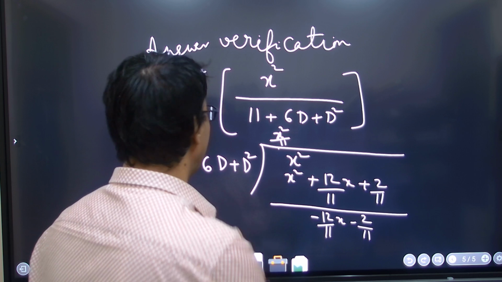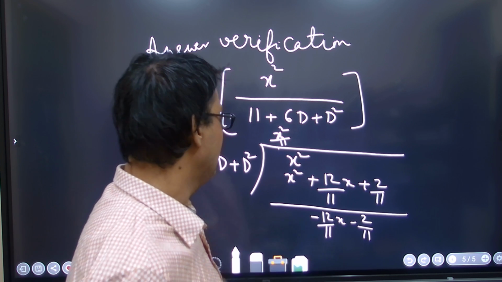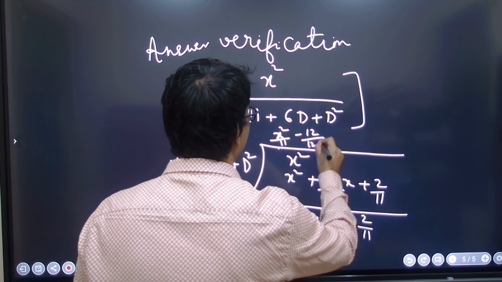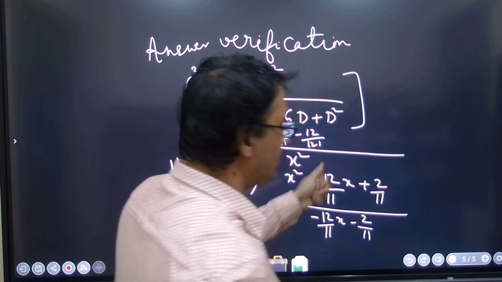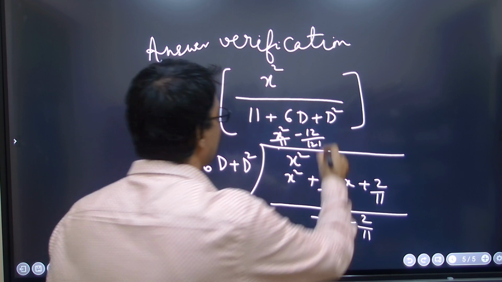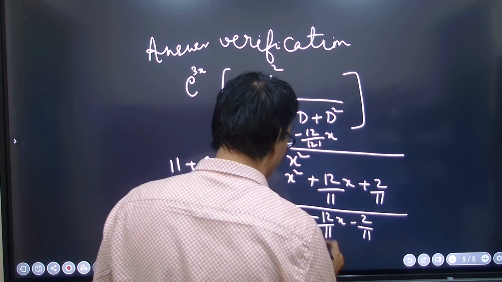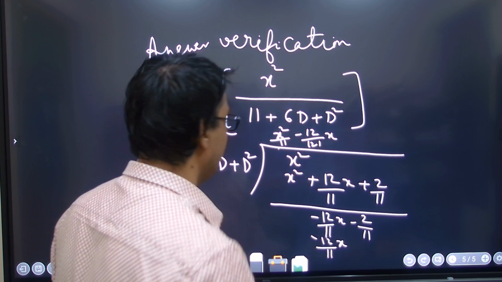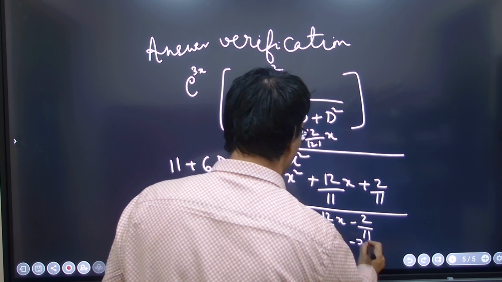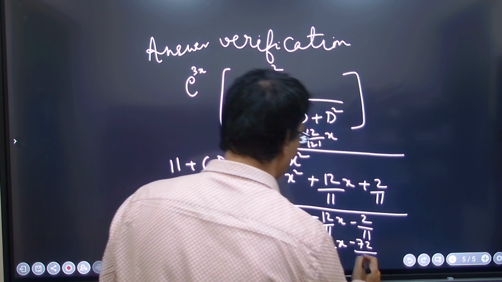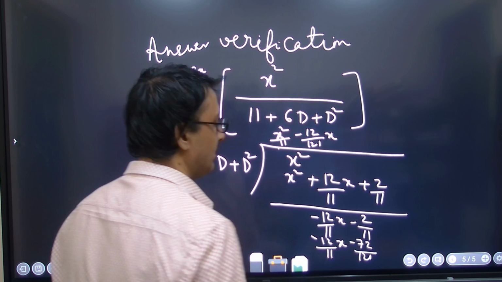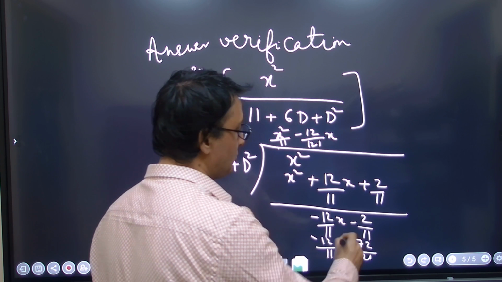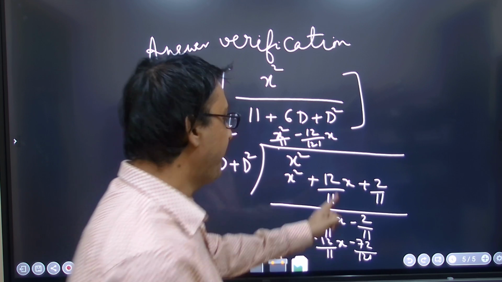Now what should be multiplied so that I get minus 12 by 11x? Certainly I should multiply it by minus 12 upon 121, because 11 by 121 will be 11. Now I should also multiply with x. So this is minus 12 by 11x. What about here? This is minus 72 upon 121.